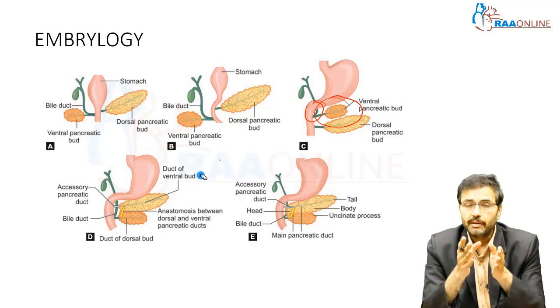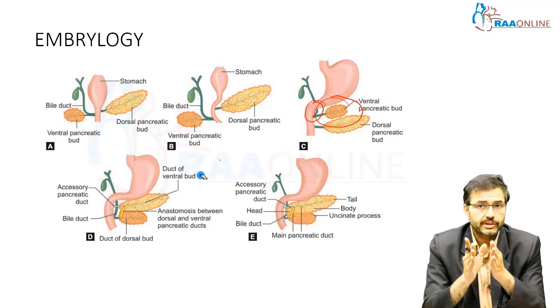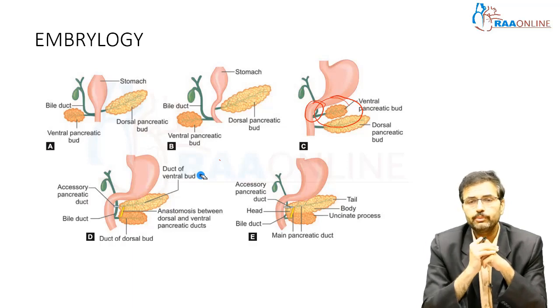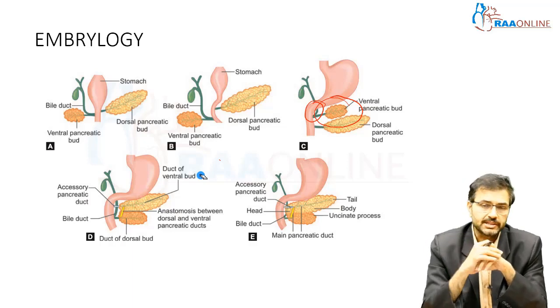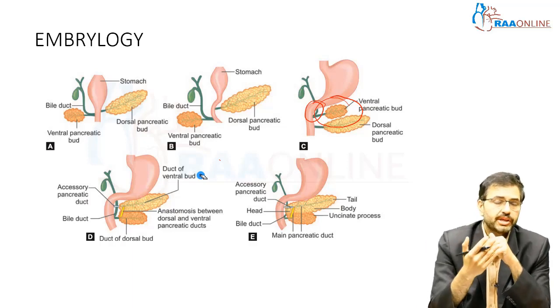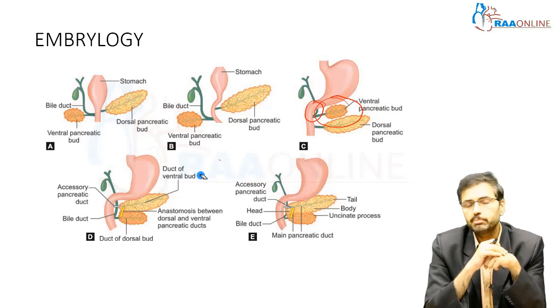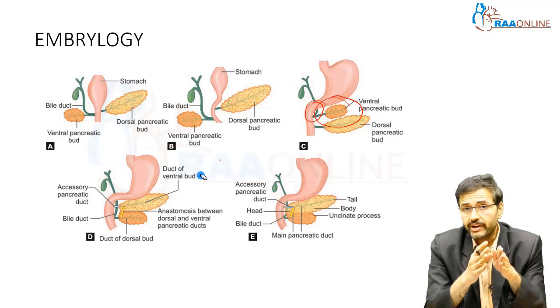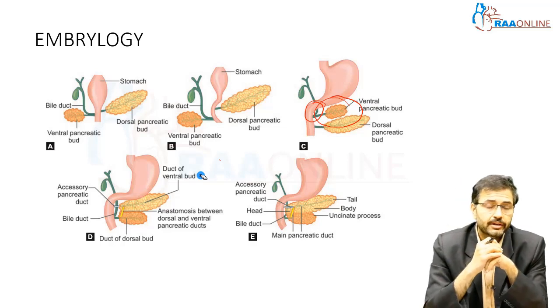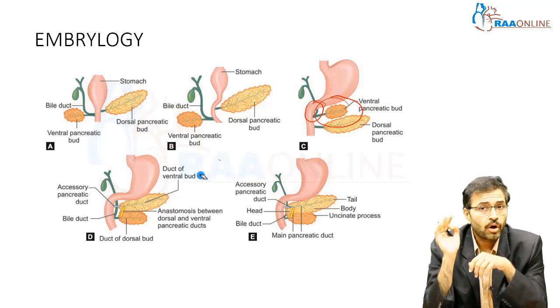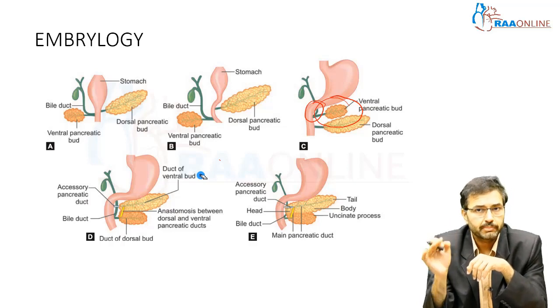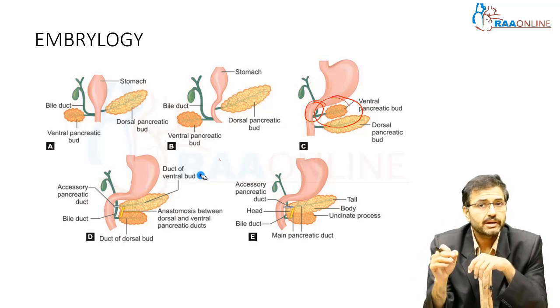So the pancreatic bud which was located anteriorly or ventrally was called the ventral pancreatic bud, whereas the bud which was located posteriorly or dorsally was called the dorsal pancreatic bud. Among the two, the first to develop is always the dorsal pancreatic bud, around the 4th week of gestation.